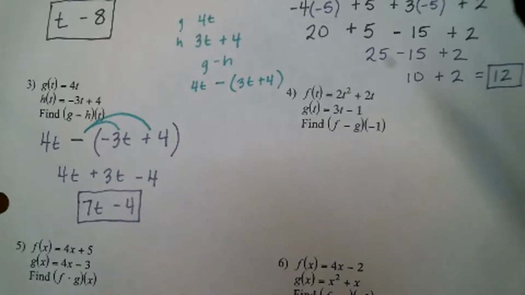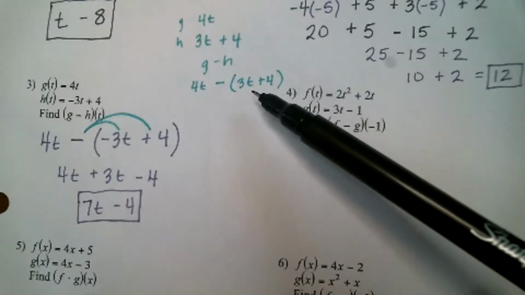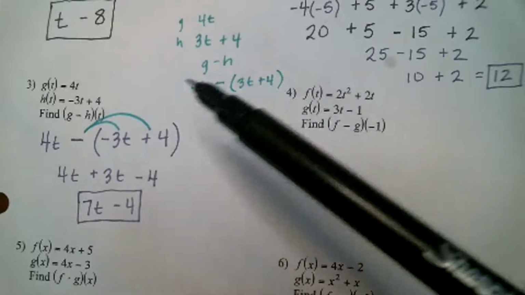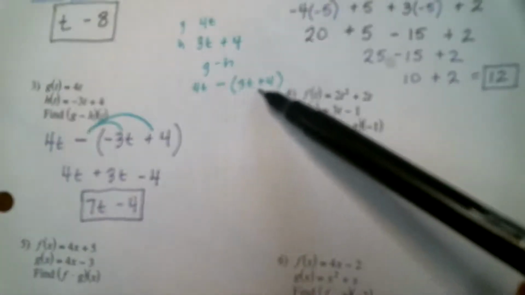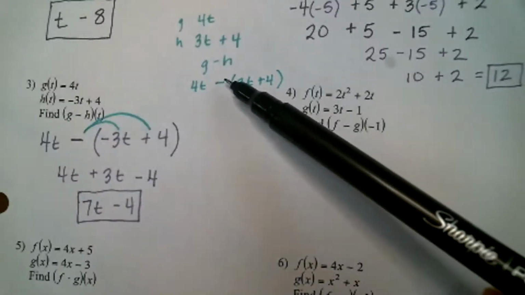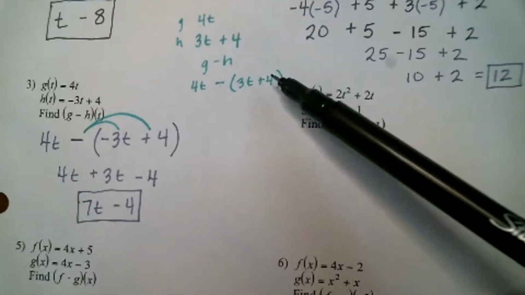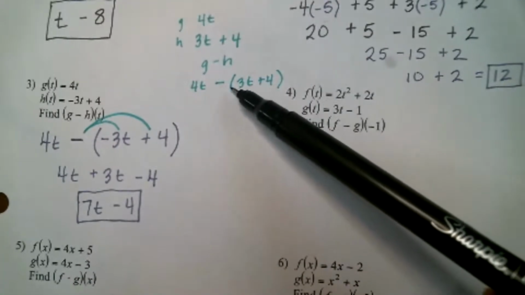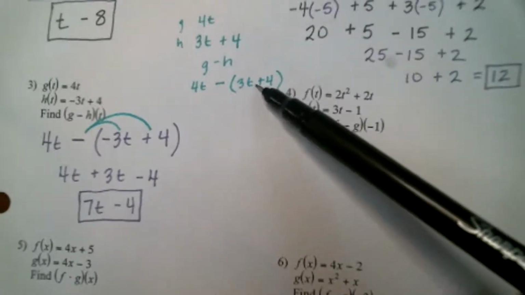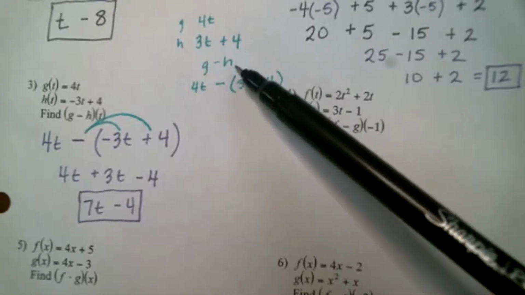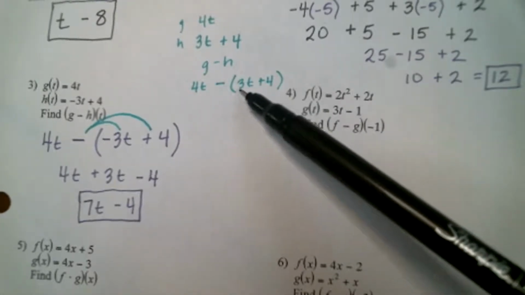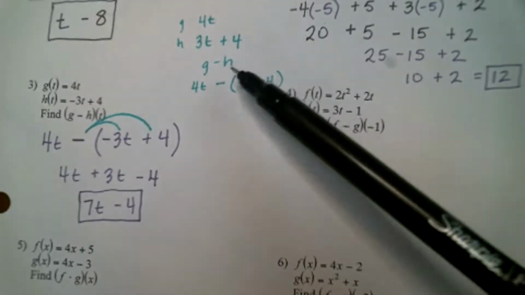Does that make sense to you, Abby? You're always just going to say minus the quantity of when it's subtraction, because you've got to distribute that negative in there. The only time you wouldn't put this in parentheses was if this h right here was a monomial. If it's a monomial, it's not going to impact it. But since it's a binomial, you'd have to do the distributive property.